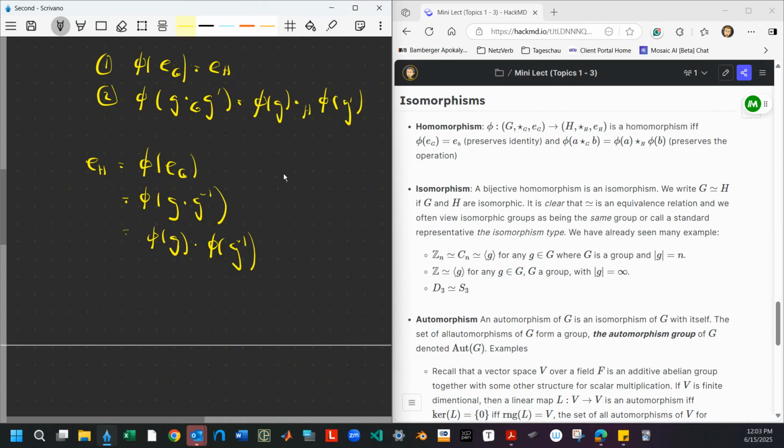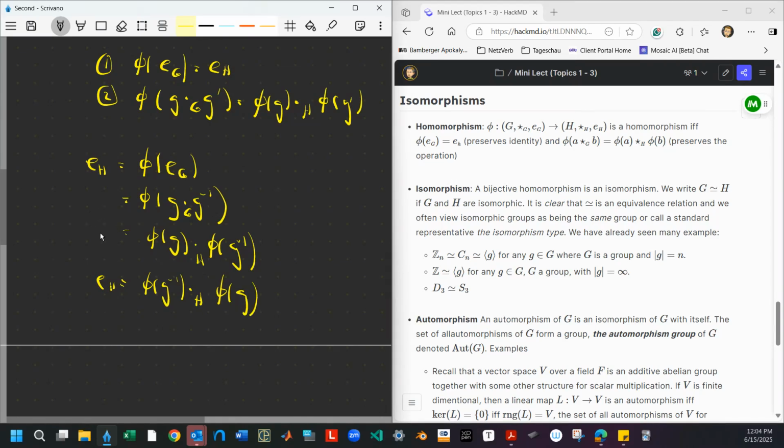So we'll also get here that E of H is equal to phi of G inverse times phi of G. Let me just decorate these things a little bit. So this is in H, this was in G. Here I'm saying this is in H, phi of G.